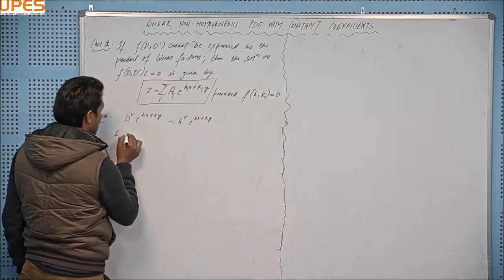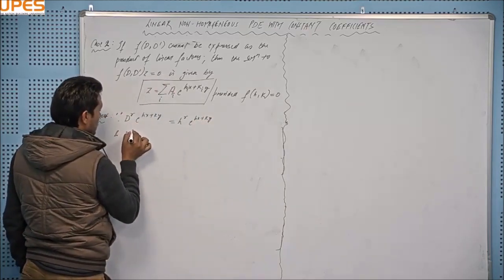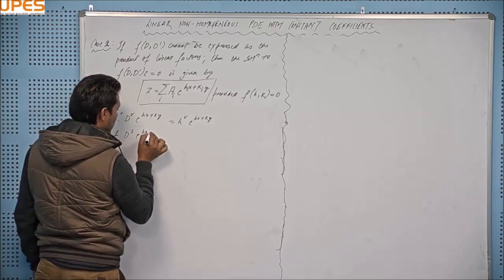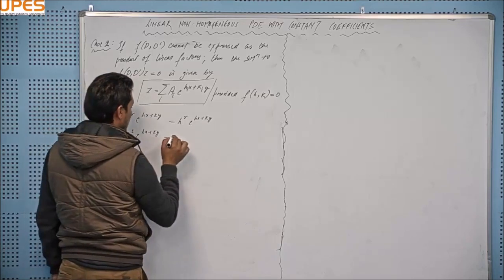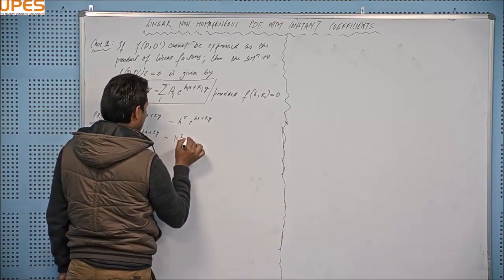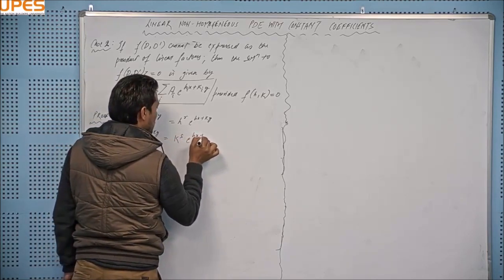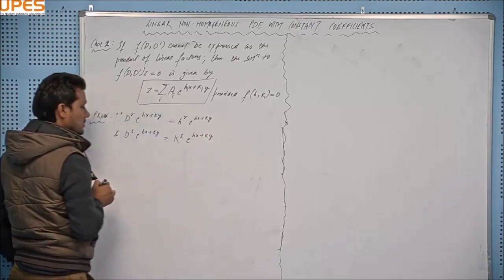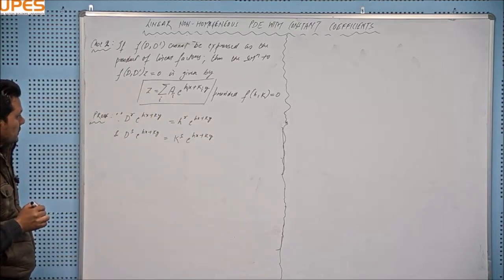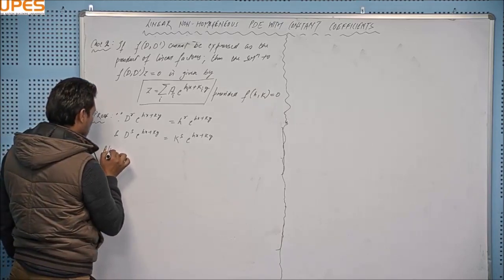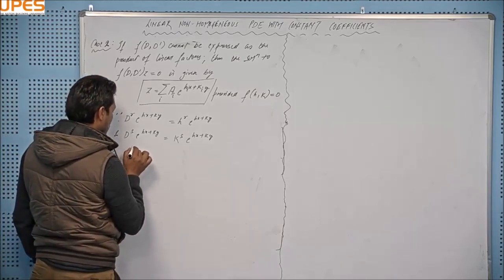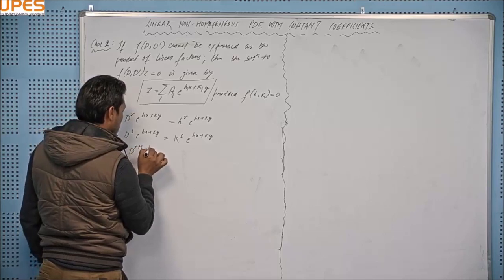And what happens if I differentiate it s times with respect to y on e to the power hx plus ky? That will be k to the power s e to the power hx plus ky. And what happens also for D to the power r D dash to the power s on e to the power hx plus ky?